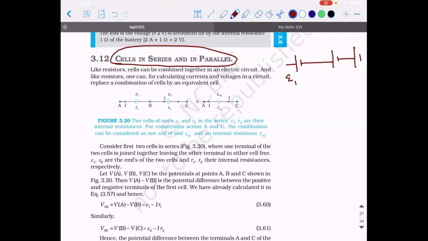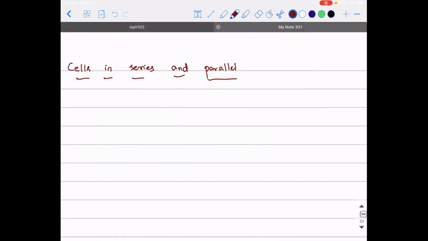Let's say the EMF of the first cell is E1 and its internal resistance is R1. Here, the EMF is E2 and the internal resistance is R2. Here, the EMF is E3 and the internal resistance is R3. Our job is to find the equivalent EMF of this particular combination. By now, you know what an equivalent combination is.